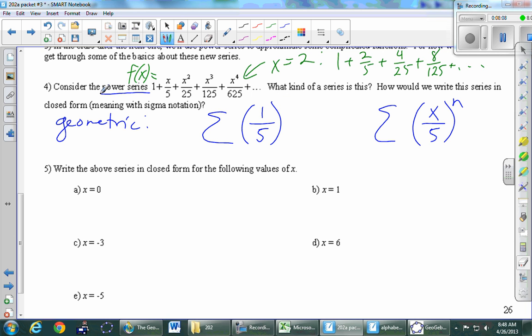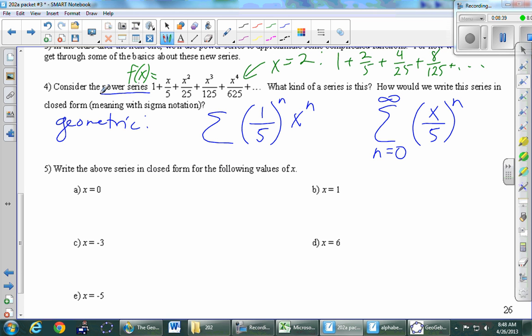Sorry, I wrote a 5 up there. Ernie, I think you said n over there. And then separately, you need the x's. And the power on the 5 at the bottom is the same as the power upstairs. So both good. Where does this one start? 0, because we need the first term to be 1. Okay, so there you go. That right there is the closed form, the sigma form of that power series.